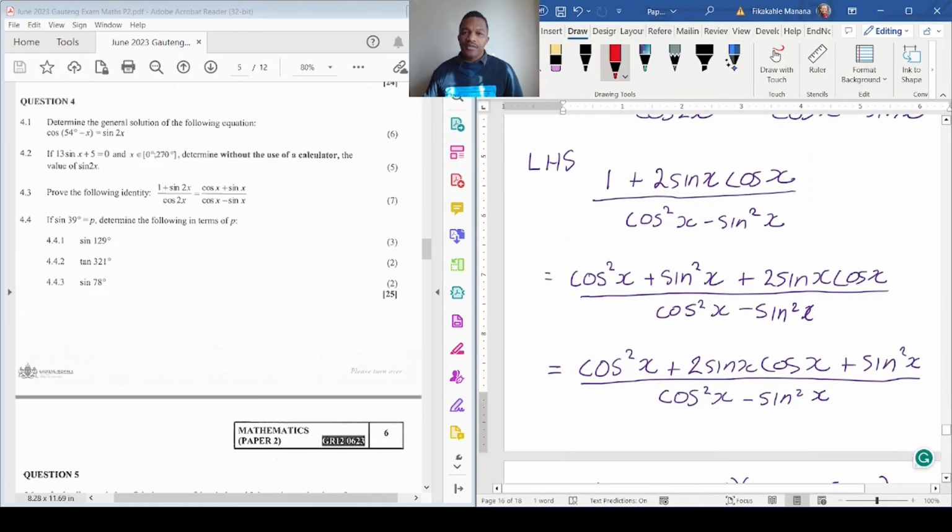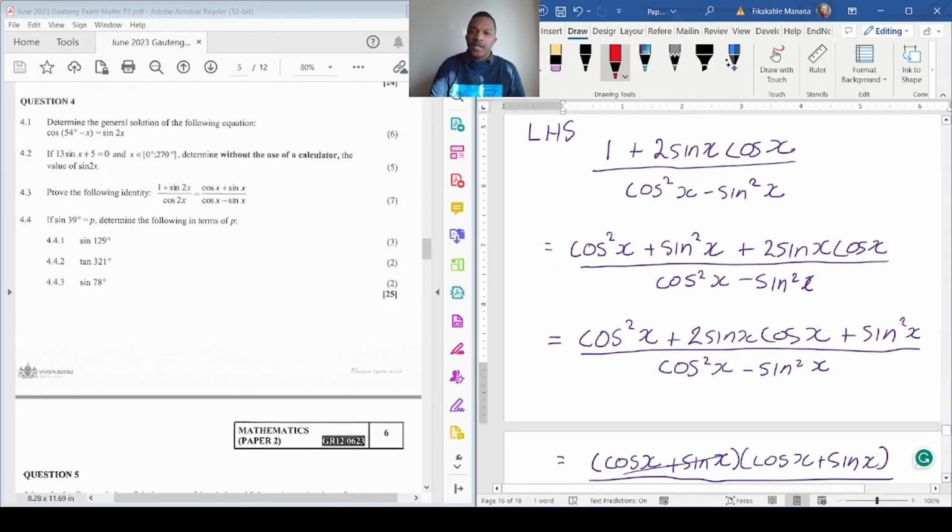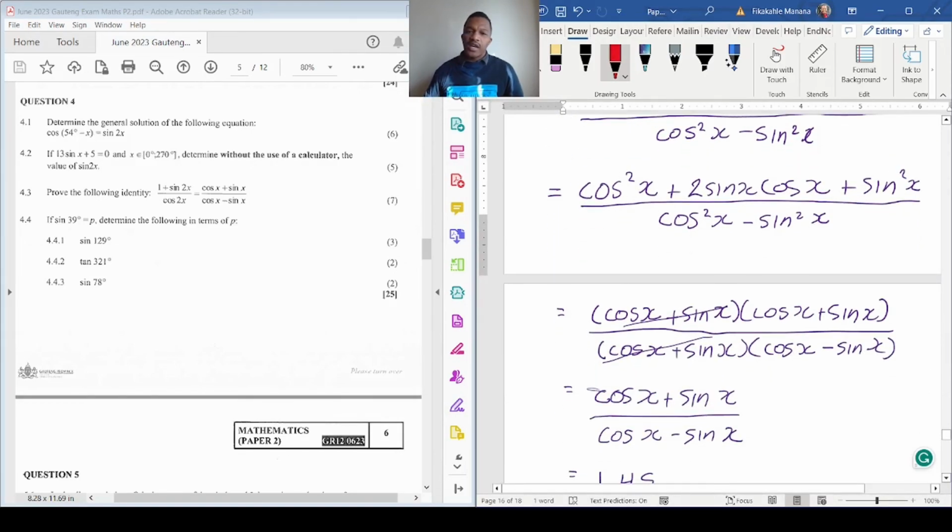4.3, the first mark is expanding this thing. It's out of 7 marks. Second mark is writing this. Third mark, changing 1 into this identity, the square identity. Okay, 1, 2, 3. Fourth mark is actually this part of simplifying.